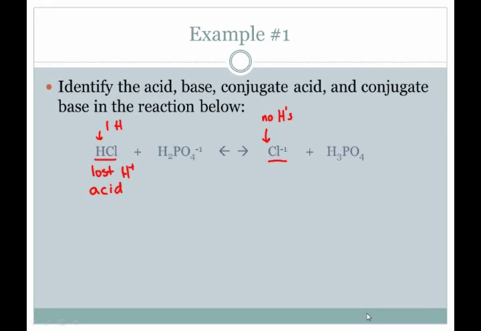H2PO4 negative, I start with two H's, and over on the product side, I form something which has three H's. And so H2PO4 negative has gained an H+, and that's what bases do.